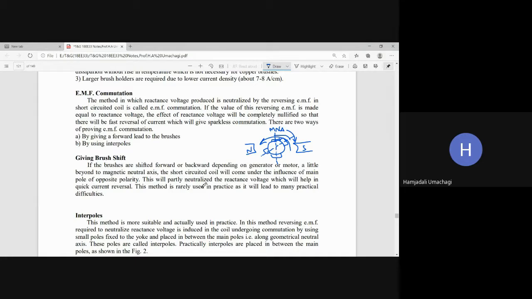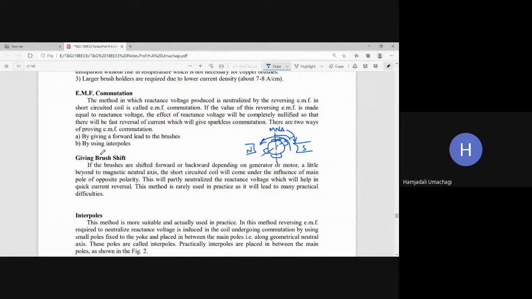This method is rarely used in practice as it leads to many practical difficulties. We say we push the brushes forward or backward, but it is not easy to push them. So this is all about EMF commutation by brush shift, which is not a feasible method.